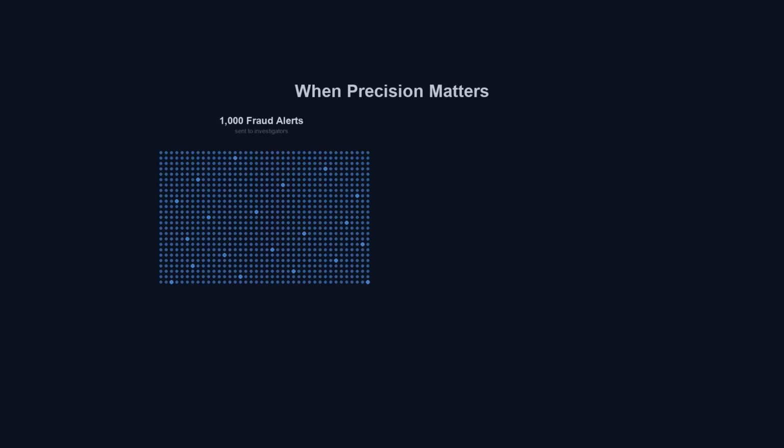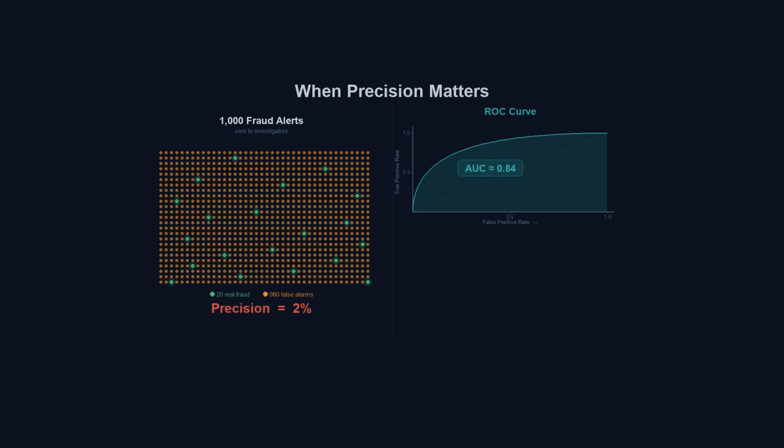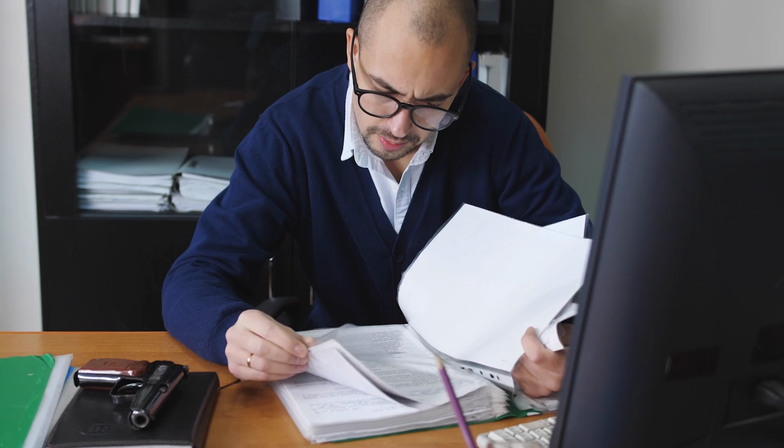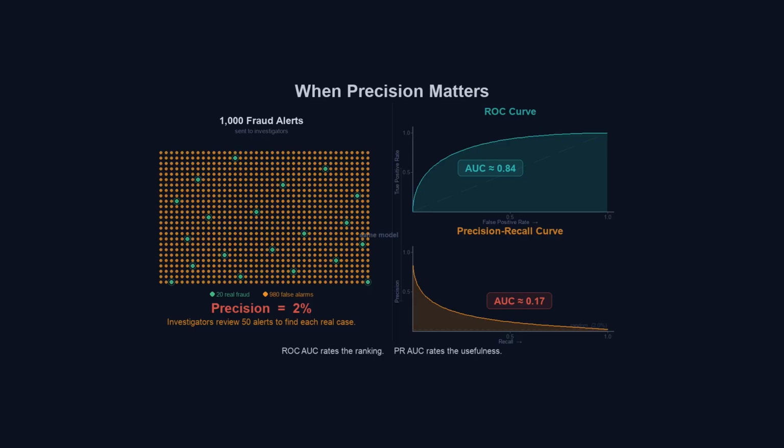If your fraud model sends 1,000 alerts and only 20 are real fraud cases, the model may still achieve a reasonable ROC-AUC. But operationally, that system may be terrible. Investigators get overwhelmed, trust in the model drops, and the workflow breaks. PR-AUC is much more sensitive to this reality.